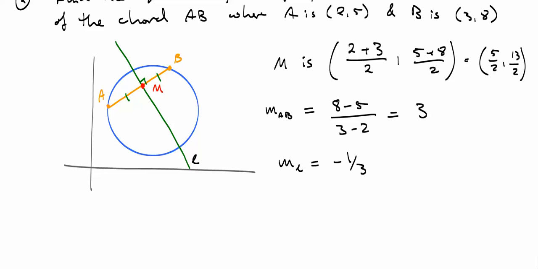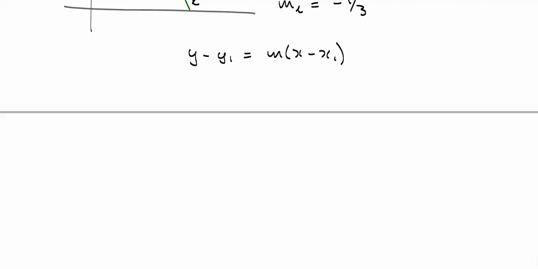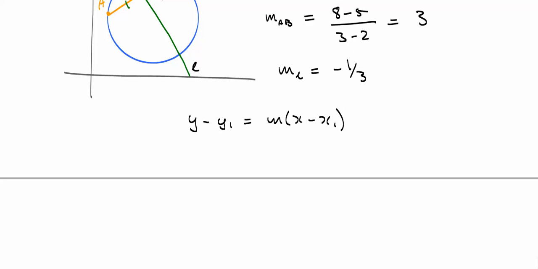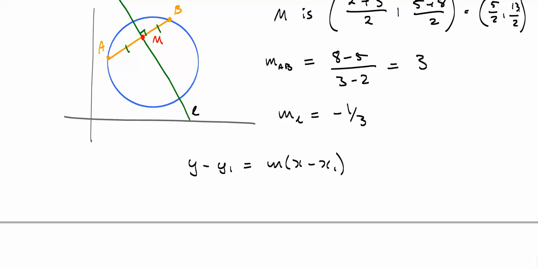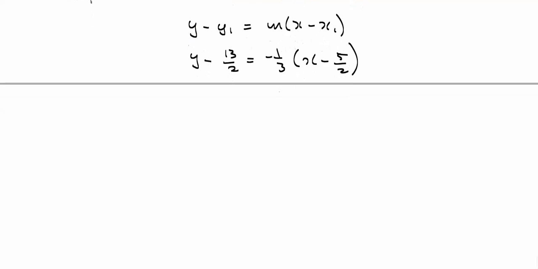So we now have the two things we need to find the equation of the line. Using y minus y1 equals m(x minus x1), where (x1, y1) is the midpoint and m is the gradient, we'll have y minus 13 over 2 equals minus a third, (x minus 5 over 2).